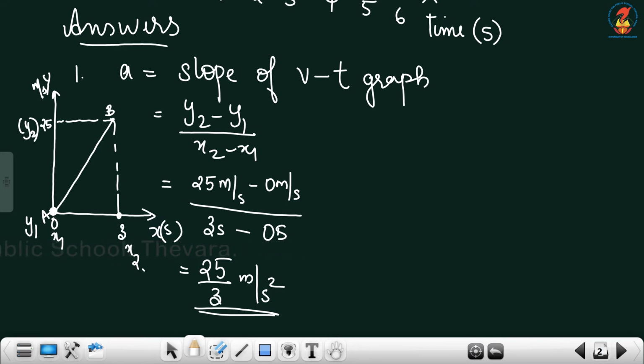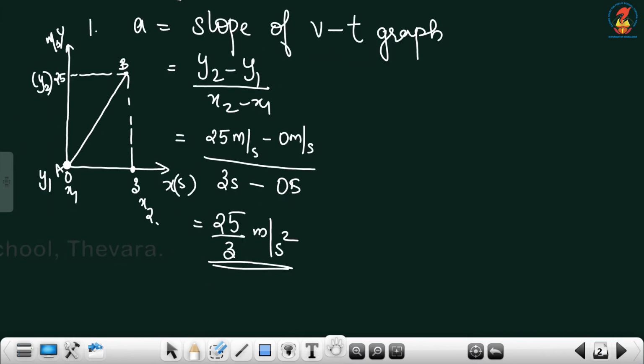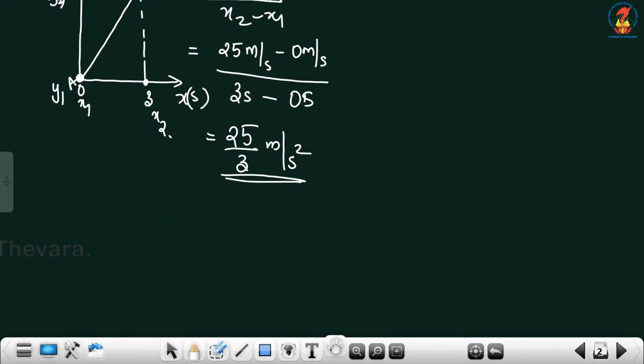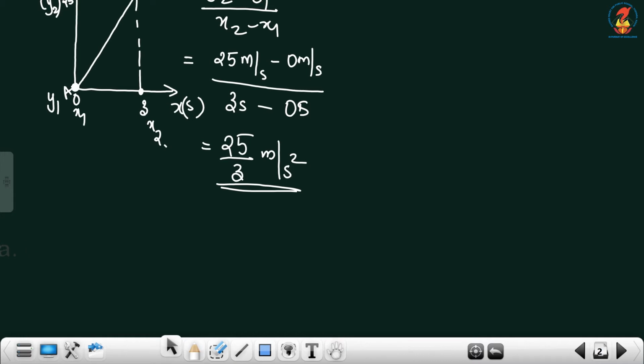Now, what is the second question? Second question means you have to find the displacement, that is the area under the velocity time graph. The shape is ABE.